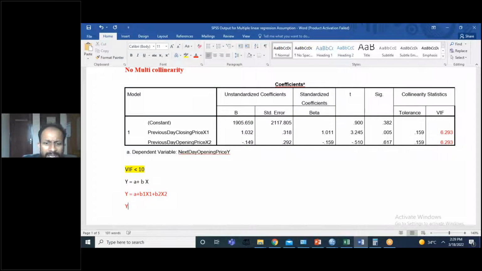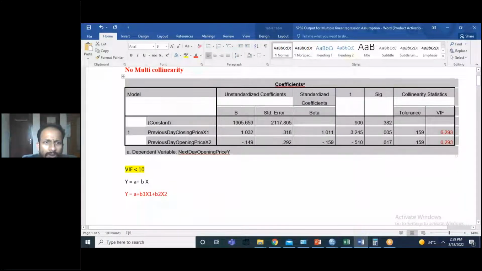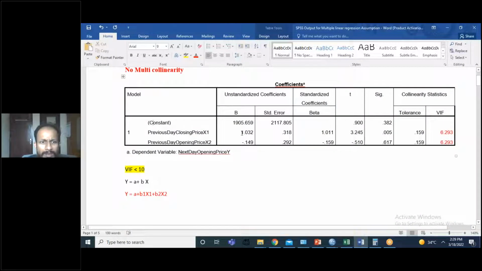Y is the next day opening price. Intercept is the constant. B1 is the coefficient of x1, where x1 is the previous day closing price. B2 is the coefficient of previous day opening price, and x2 is its notation.